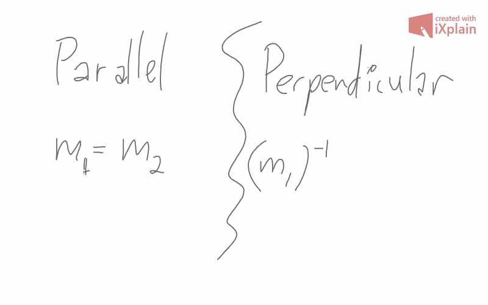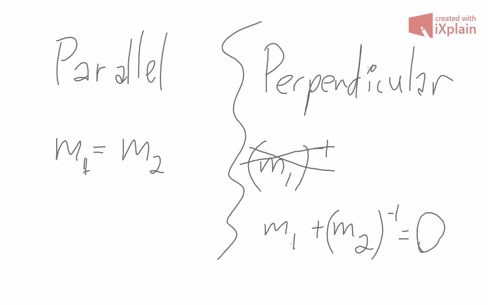I actually don't know a symbol for that, but let me do the additive inverse first. Let's say m1, the slope of the first line, plus the inverse of the slope of the second line must equal 0. There we go. That's how you could write that. But you get the idea.